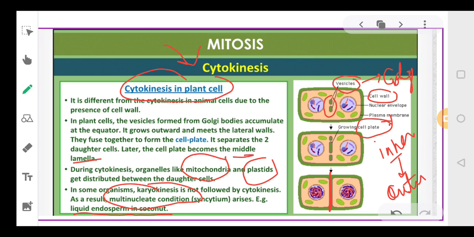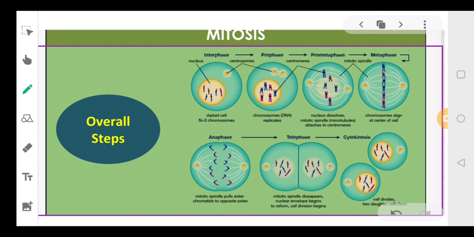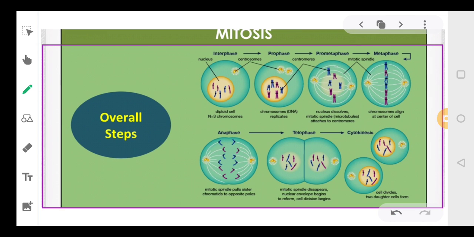Okay, so can you tell me what are the two steps that we have done? Right, karyokinesis and cytokinesis, right? Now these are the overall steps. Just look at this. First of all, we had the interphase. Then second is the M phase, your mitotic phase.